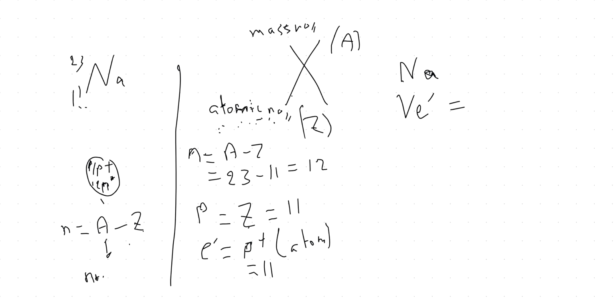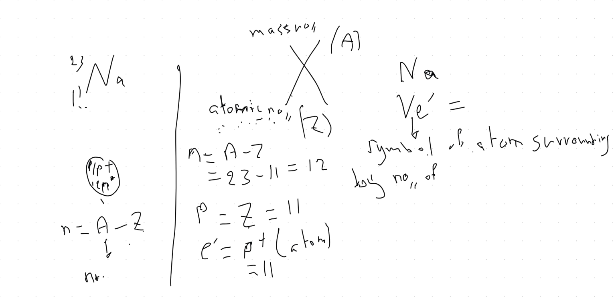So valence electron is the symbol of the element, of the atom, surrounded by the number of electrons in the last shell. Sorry for all the bad writing. Okay?